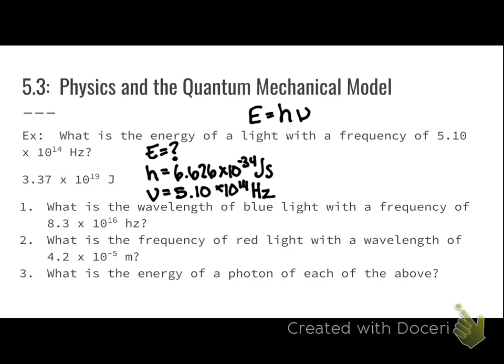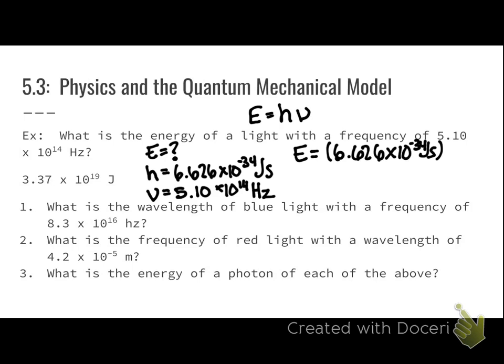Now, once again, we have two of the variables, and we need to solve for the third. So we can just go ahead and plug these in. And we get E is equal to, we're going to put in Planck's constant, 6.626 times 10 to the negative 34th joules times second.